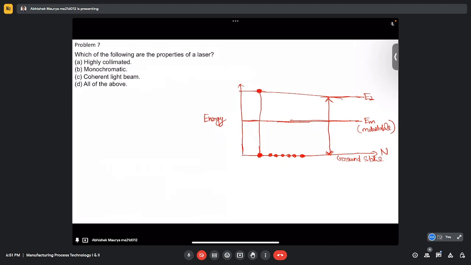This is the property of the material, that an electron can absorb only some specific quantum of energy. If we give higher energy, it will not absorb. If we give lower energy, it will not absorb. Only if we give the exact amount of the difference of this energy level will the electron jump from the ground state to the excited state. And this process happens very quickly.